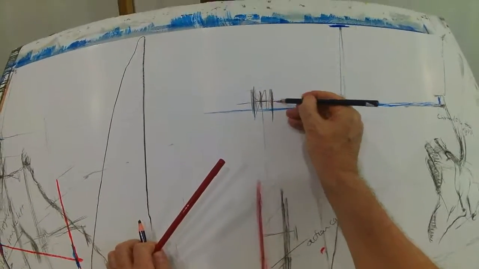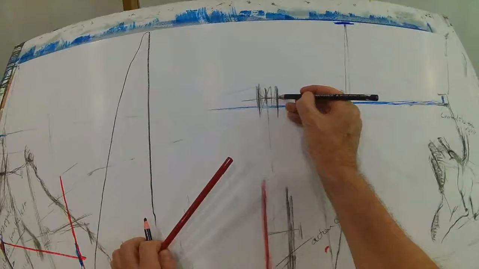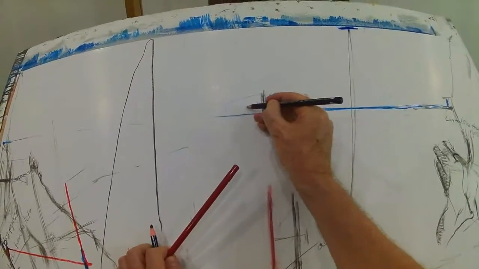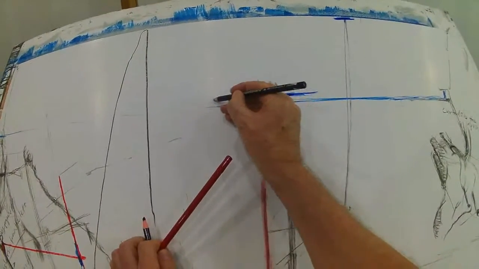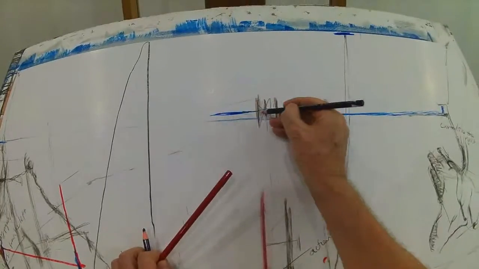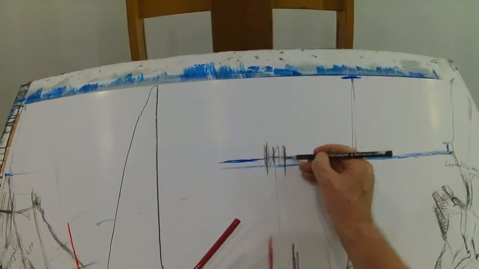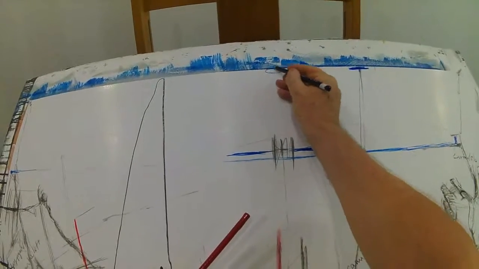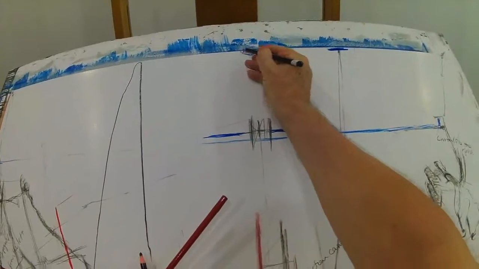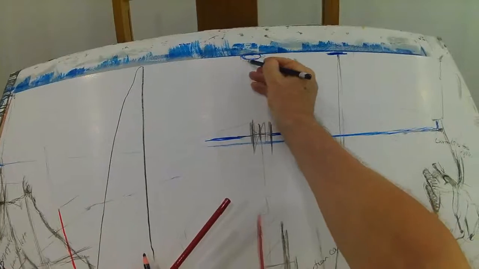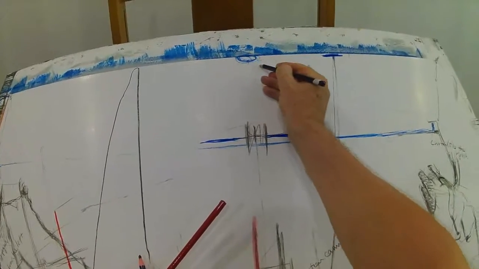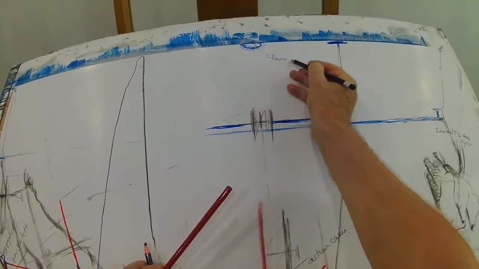It's cutting through, crossing the edge of the drawing paper against the blue stain here. So here I'm showing you.